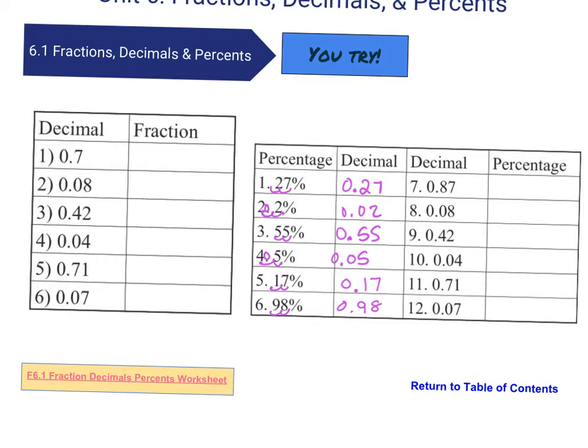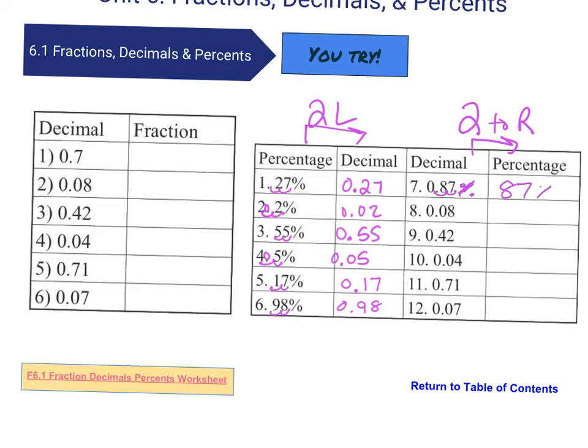Then, let's try the percent. So when you're going from a decimal to a percent, you're going to move it 2 to the right. When you went from percent to a decimal, you moved it 2 to the left. So this one is going to go 2 to the right because you want to add a percent symbol here at the end. So you're going to move towards that.